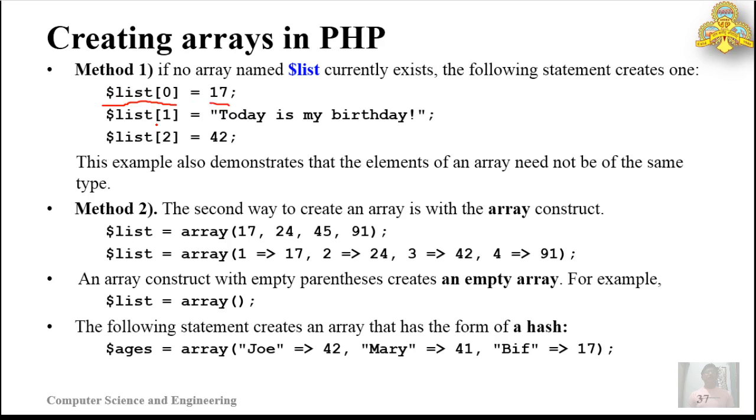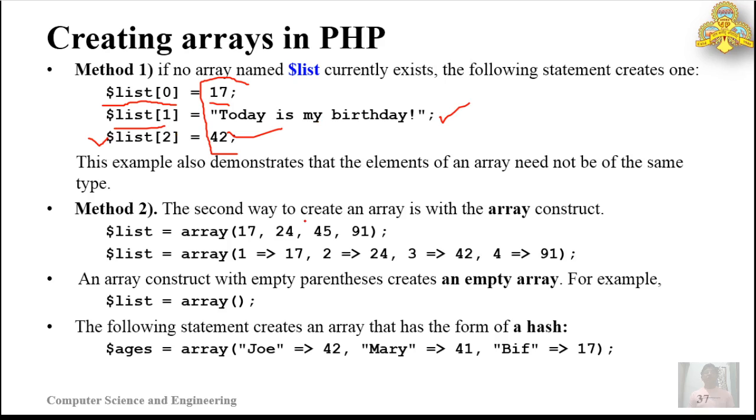The 1st element in the list is a string value, and the third element in the array list here is 42. Observe that I have two types of elements: two are integer values and one is a string value.